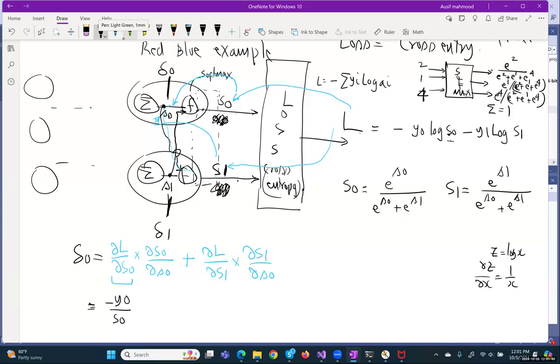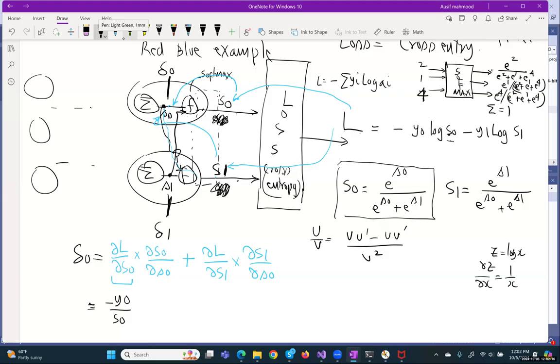Now let's go to the second term. Second term is S0 with respect to lowercase s0. So which equation will I use to compute this? This one, right? S0 with respect to s0, okay? So you can think of this as U over V. Remember, if I take the derivative of U over V, it is V U prime minus U V prime over V squared, okay?